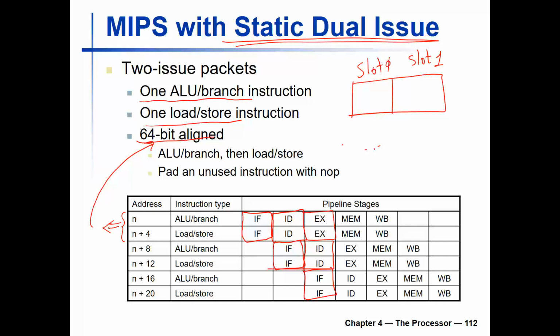Basically it means that this is the instruction that will be executed in slot 0, and here is the instruction executed in slot 1. Typically they are different instructions, and it depends on the architecture.